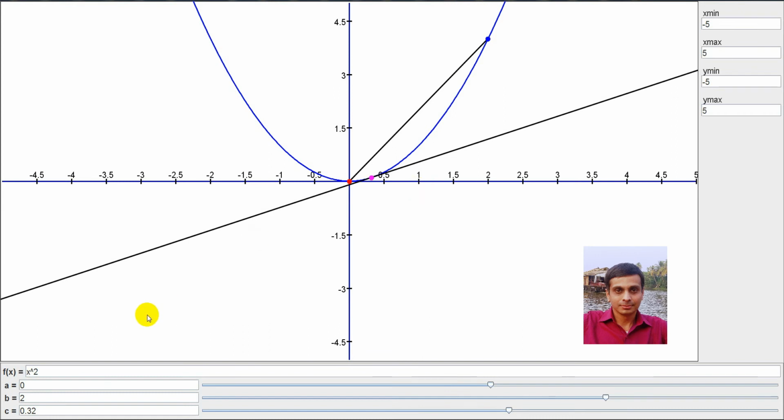We will verify Lagrange's mean value theorem for f(x) = x². Here we have drawn a secant line between the points x = 0 and x = 2.